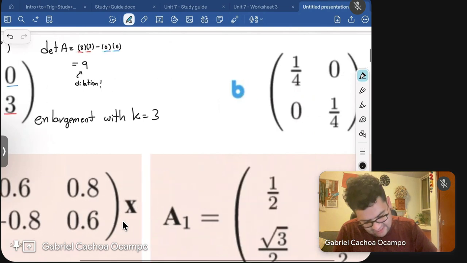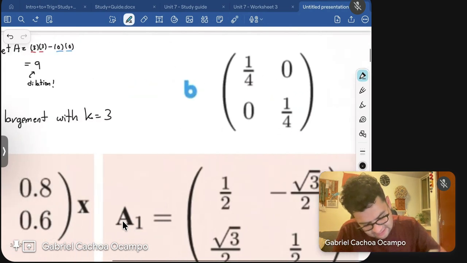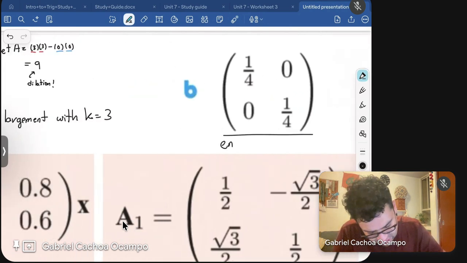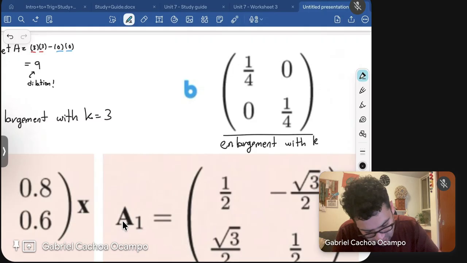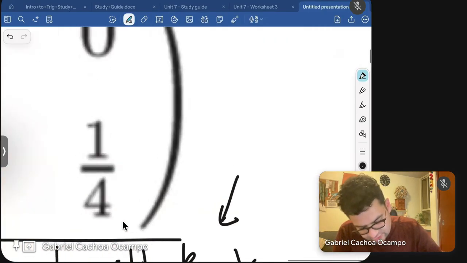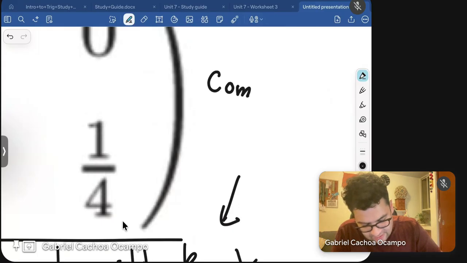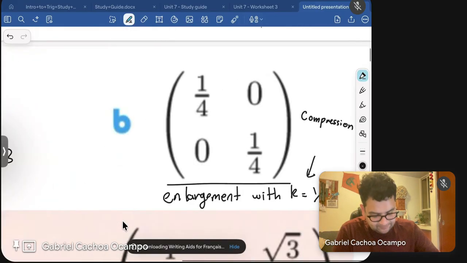In the same way, this one is also clearly an enlargement with k of a fourth. This is a very particular type of enlargement: a compression, because by multiplying by a fourth, I am making it smaller.